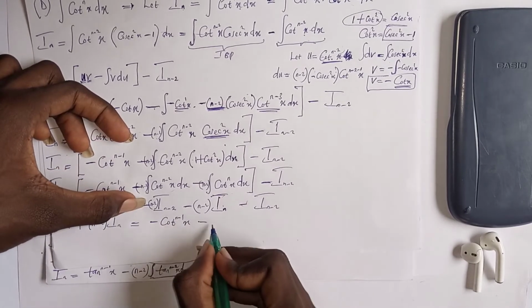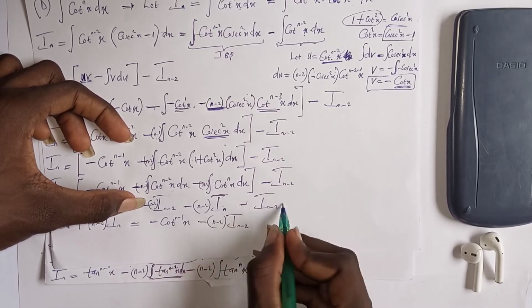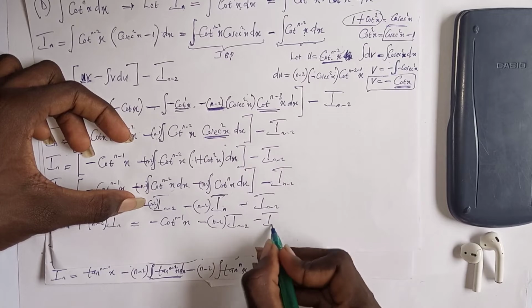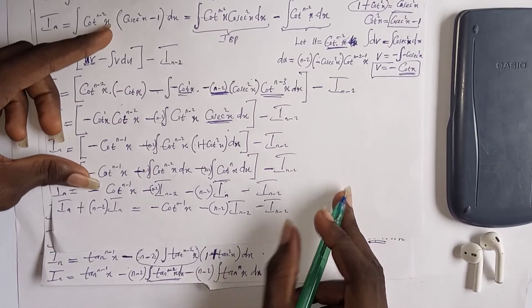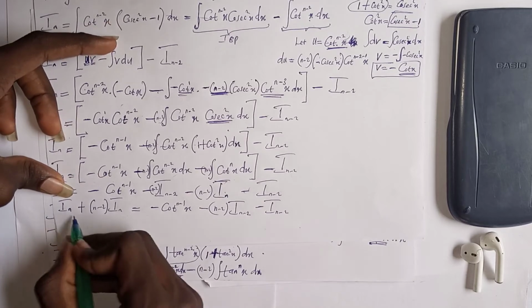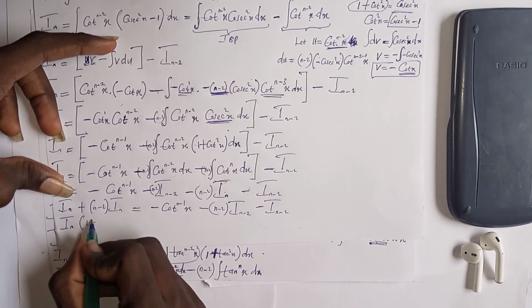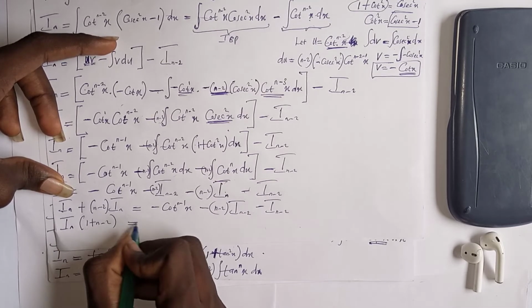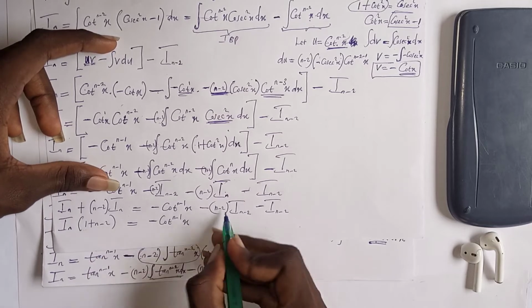Then remember I still have minus n minus 2 of in minus 2 with this last term here. So next thing to do now is that we factor out in, and I'll have 1 plus n minus 2, equals minus cot n minus 1 of x.